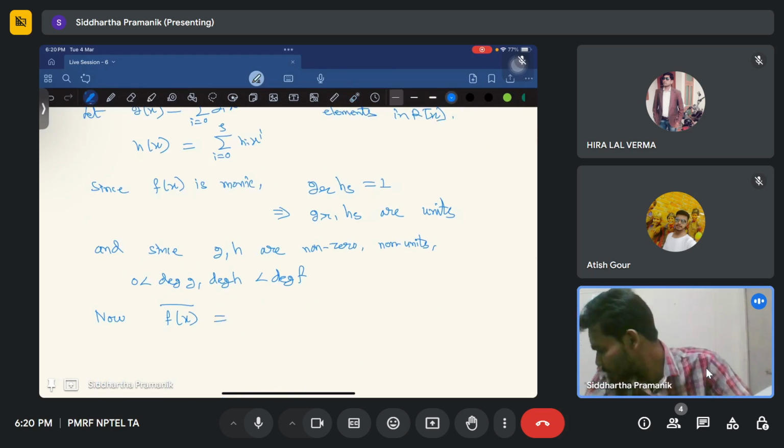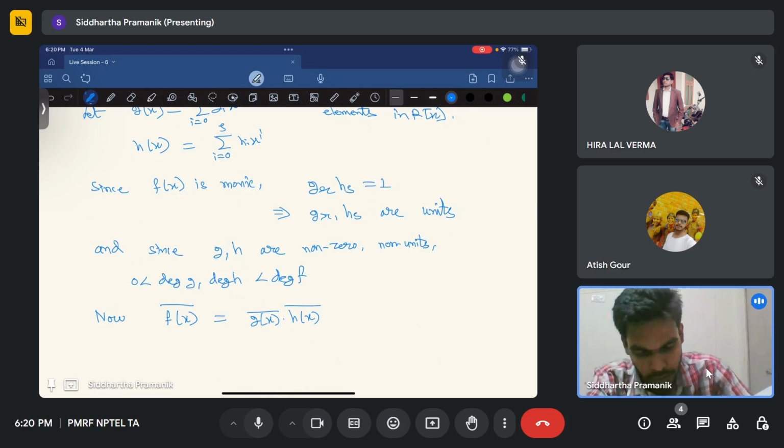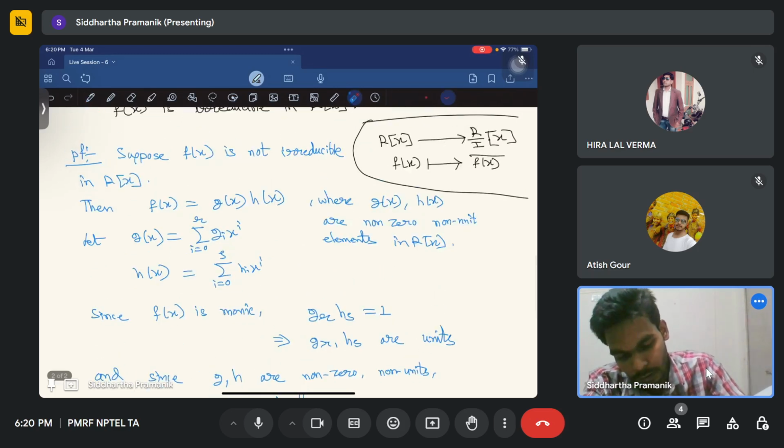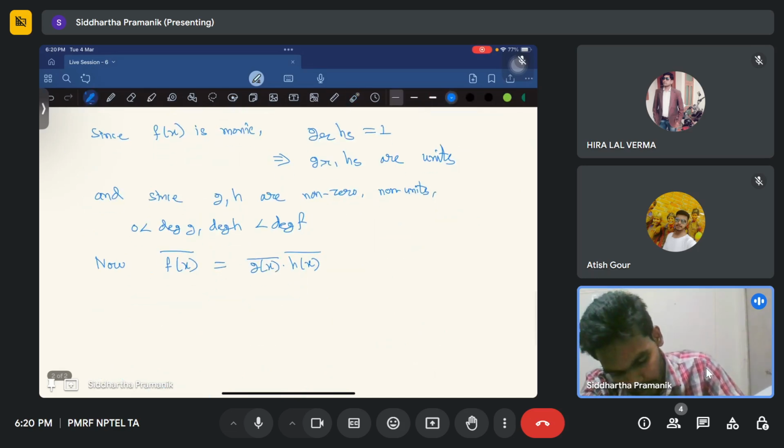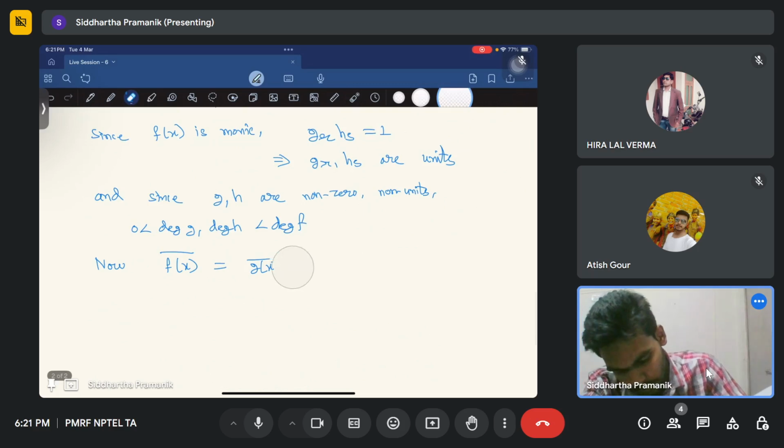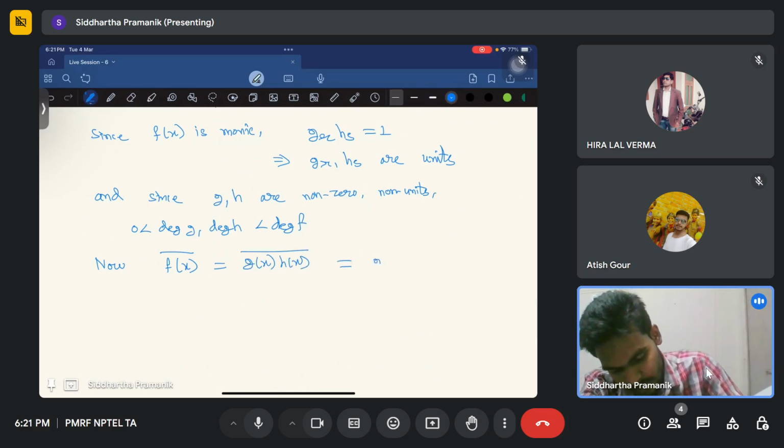It is g(x) bar times h(x) bar, because this is a ring homomorphism. Let me write the whole thing: (g(x) times h(x)) bar is equal to g(x) bar times h(x) bar.